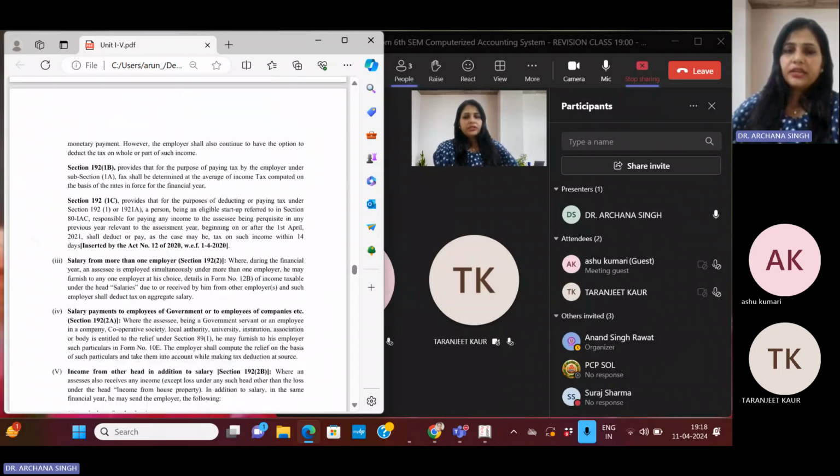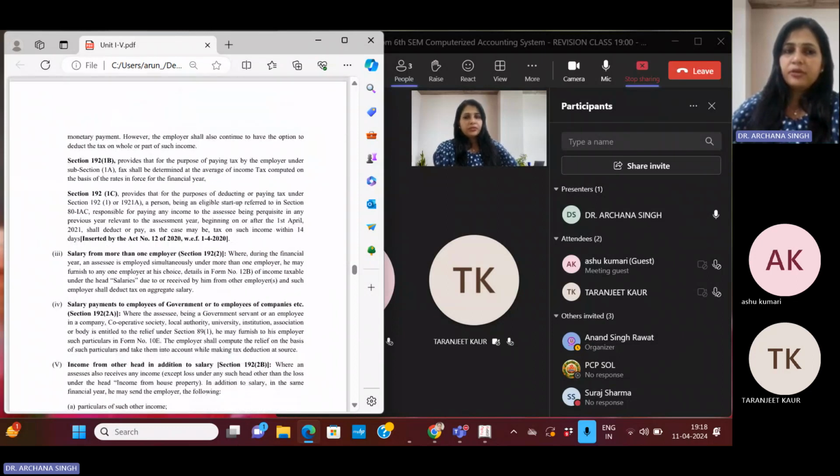Okay, then section 192 1B, what it says is that for the purpose of paying tax by the employer under subsection 1A, the employer shall determine the average income tax calculated on the basis of rates in force in that financial year.